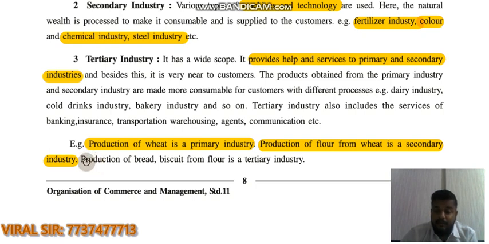And instead of considering production of bread a tertiary industry, we can say making that bread available at the demand place, where the customer needs it, through transportation or other auxiliary services is the tertiary industry. Clear? So I hope you guys understand.